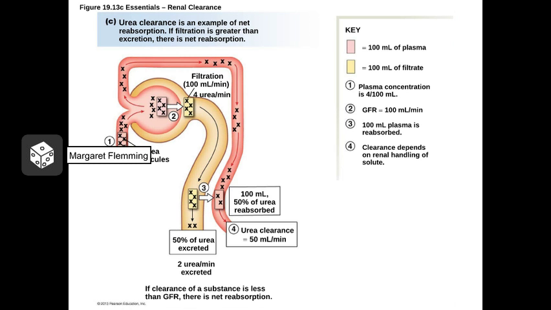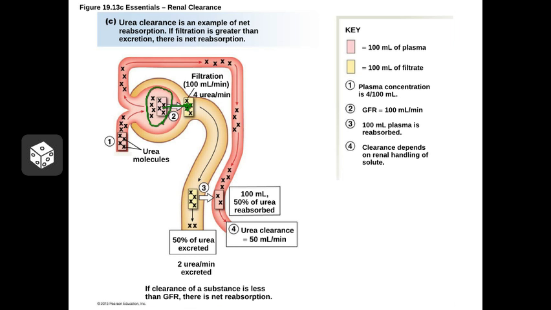Here's another interesting scenario using urea. Urea is a small lipid-soluble molecule, which means it can passively cross membranes and will do so to equilibrium. Knowing that, here we can see 4 molecules of urea per 100 milliliters. Freely filtered.